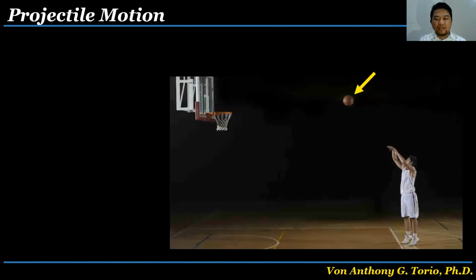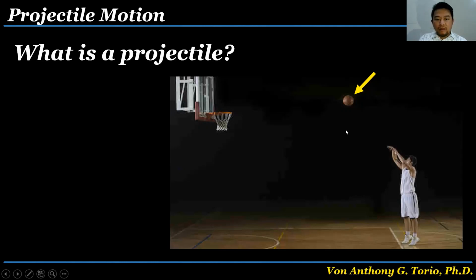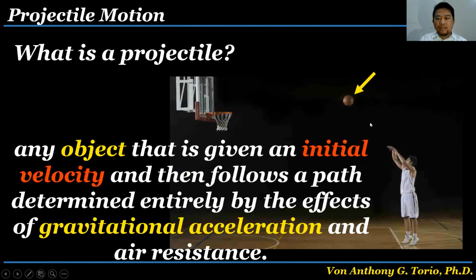Now let us consider the picture that I've shown initially, where a basketball player throws a ball to the hoop. In this example picture, the ball is considered to be the projectile. Now, what is a projectile?